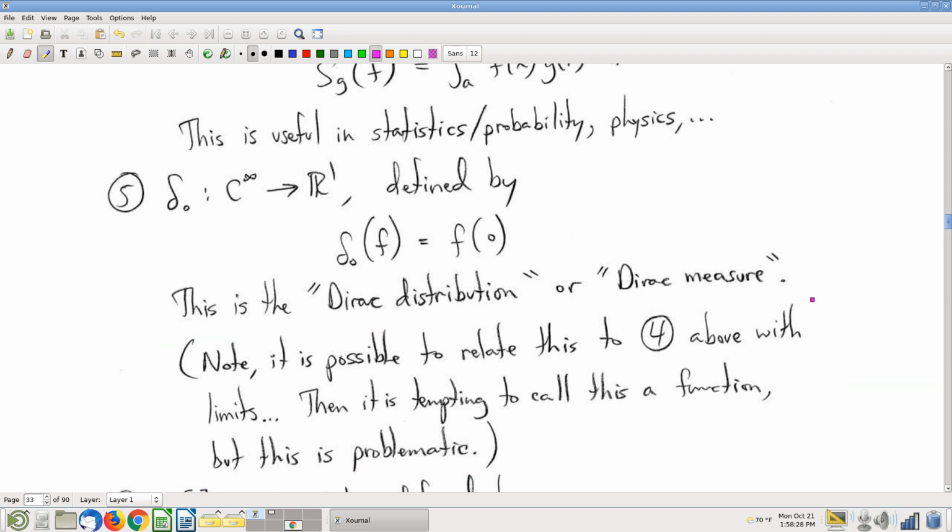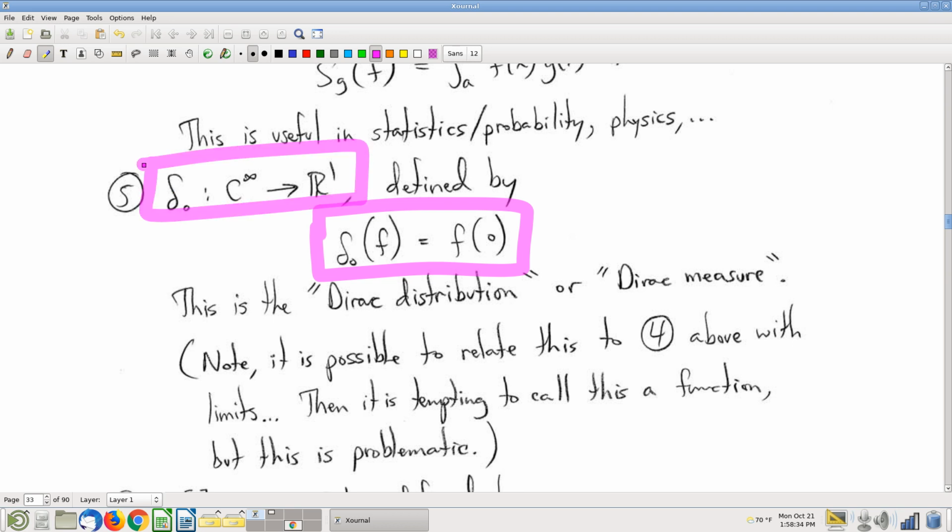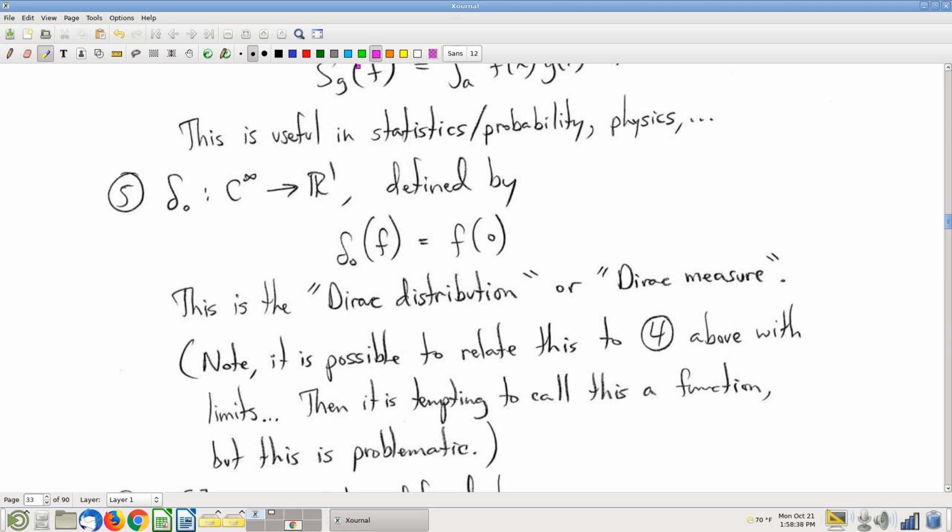Okay, nevertheless, what you can do at this stage is prove that this is a linear transformation. Again, you're just going to take a linear combination of inputs that look like this, C infinity functions, and show that the action of plugging in 0 is linear. Okay, details for y'all.